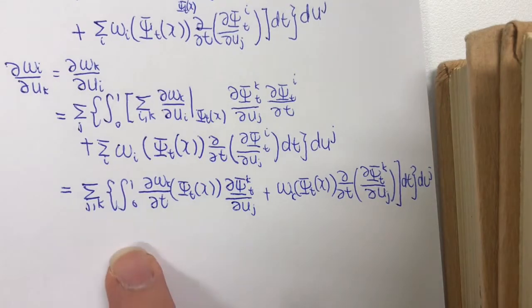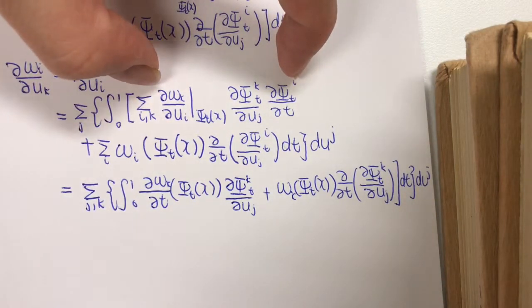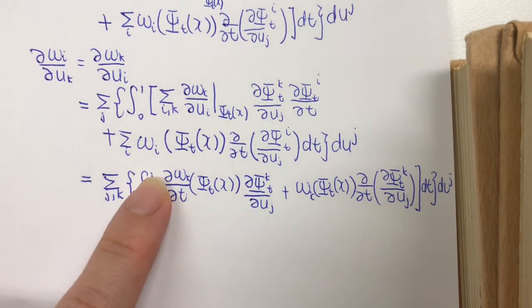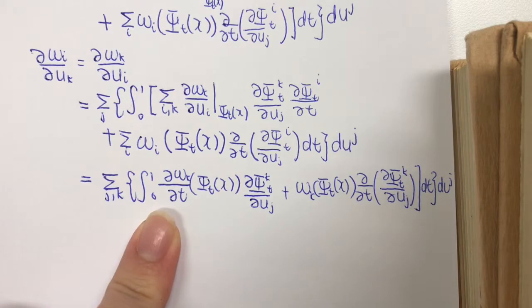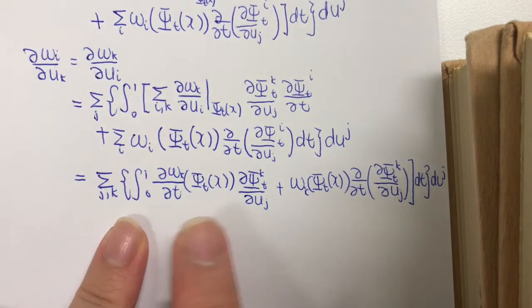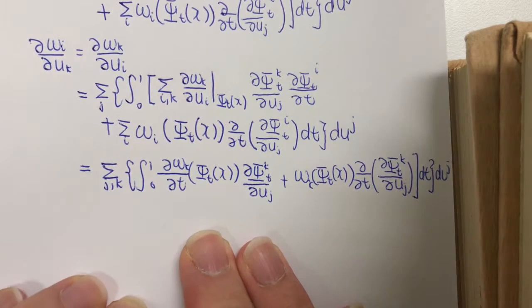So now we have combined these two terms into just one, partial omega partial t, and we notice that actually these two terms can also be further combined using the product rule.